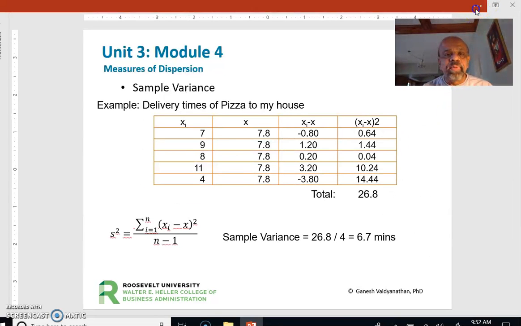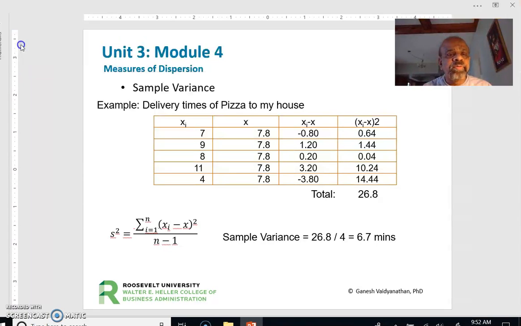Now, let's take an example. I order pizza to my house, okay? And the delivery times of the pizza are given. The x bar, which is my mean, is 7.8, which means I expect the pizza man to deliver in 7.8 minutes.